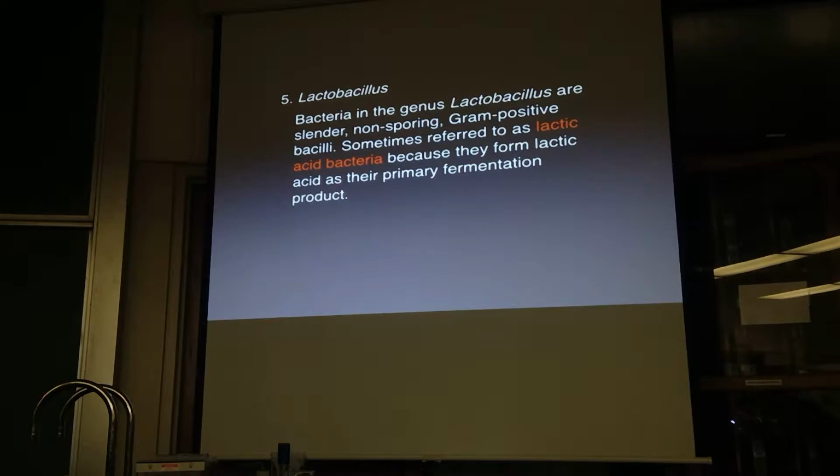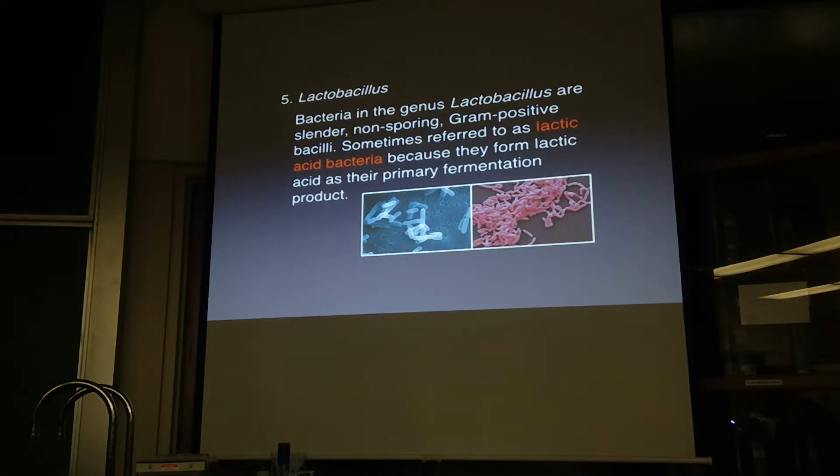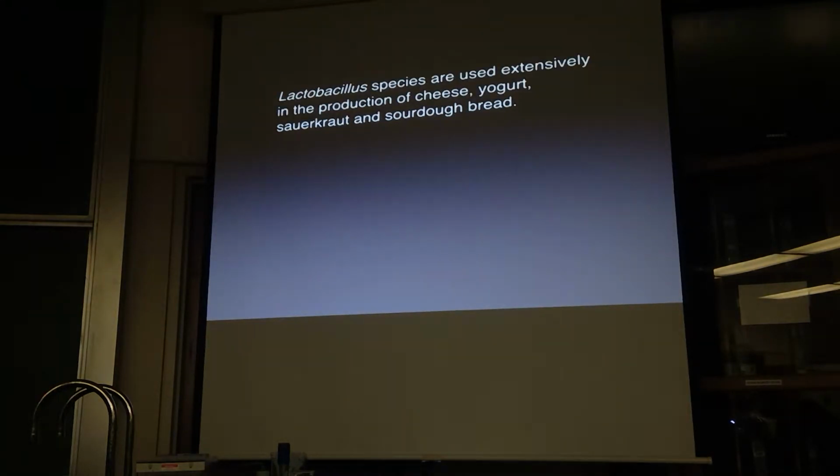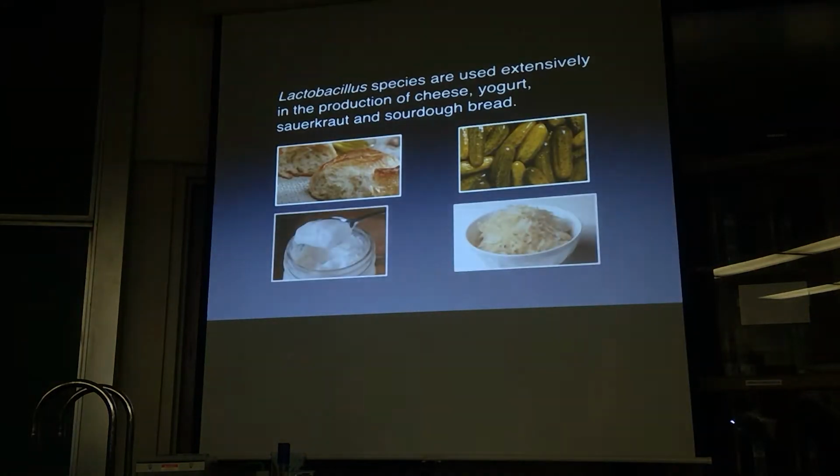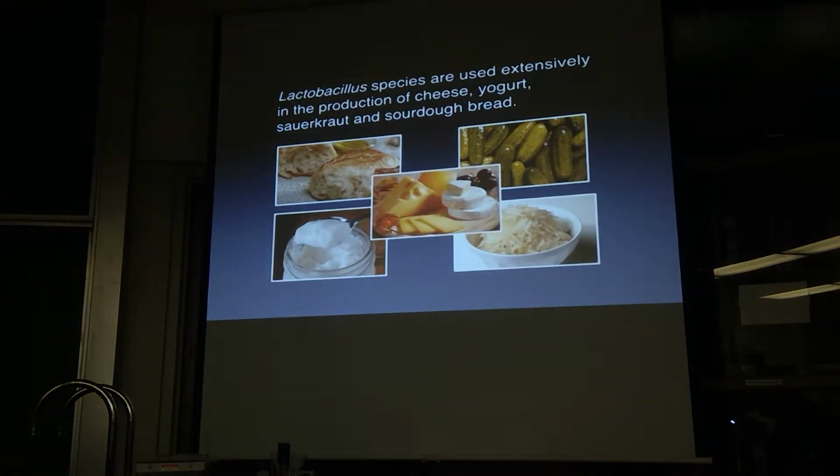It just happens that lactic acid is something that we as humans have acquired a taste for. So if you have sourdough bread or sourdough pancakes or something along that line, it's likely that the material they're made out of contains Lactobacillus. So Lactobacillus species are used extensively for making cheese, yogurt, sauerkraut, sourdough bread, etc.